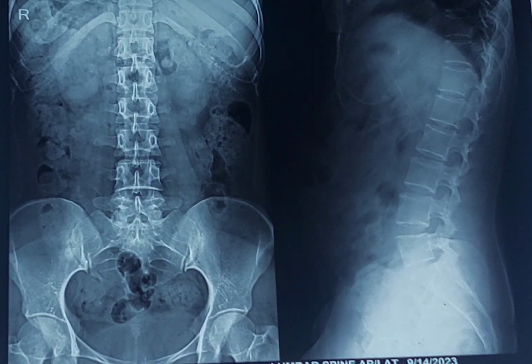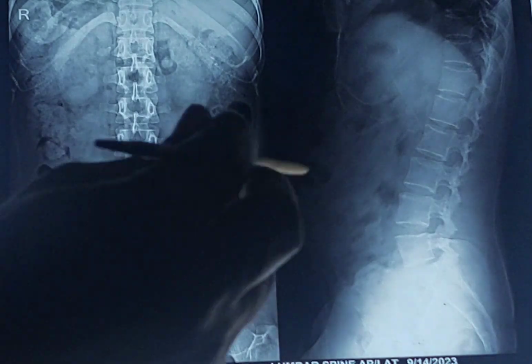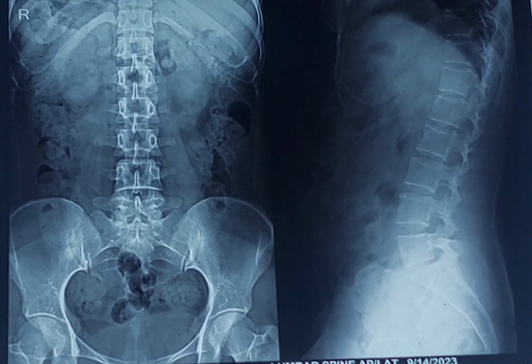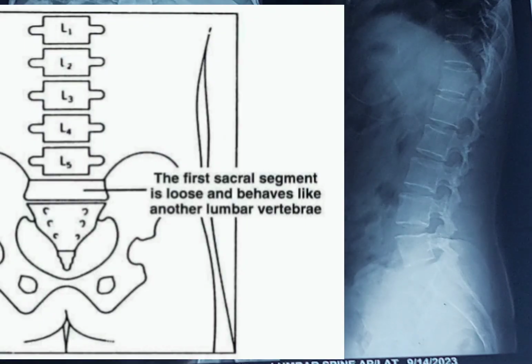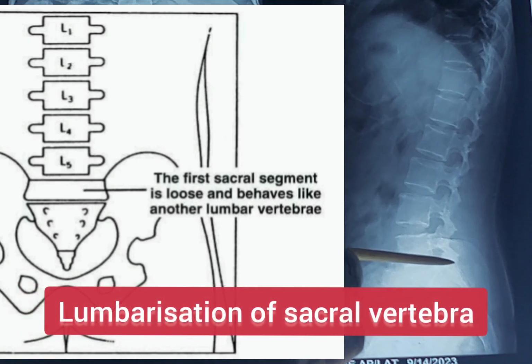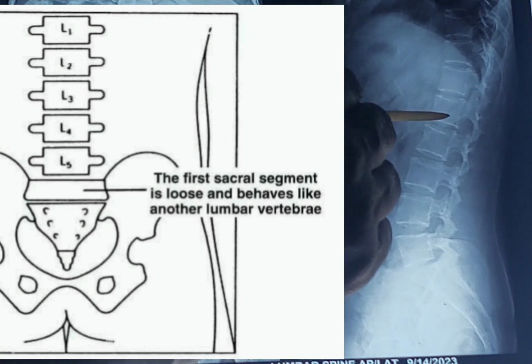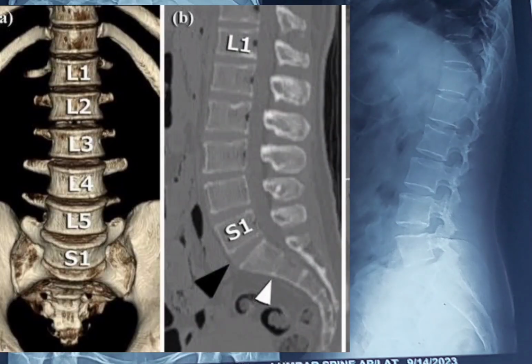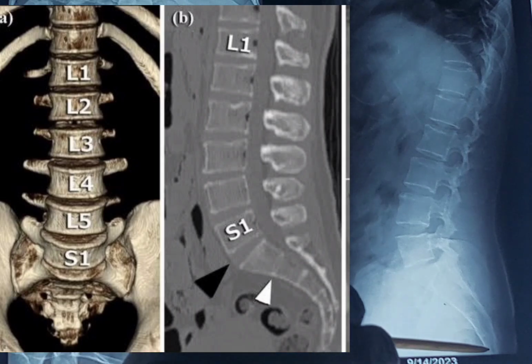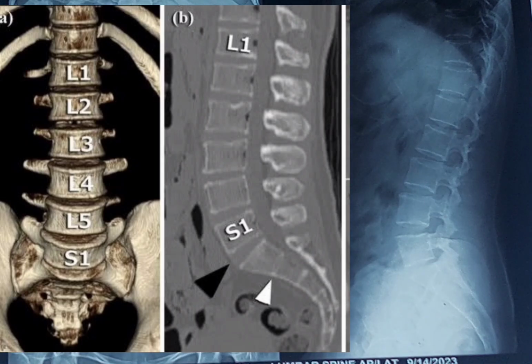Then what do you mean by lumbarization of sacral vertebra or sacralization of lumbar vertebra? Lumbarization of sacral vertebra means the first sacral vertebra does not fuse with the sacrum, so the number of lumbar vertebra becomes 6 and the number of sacral vertebra becomes 4.